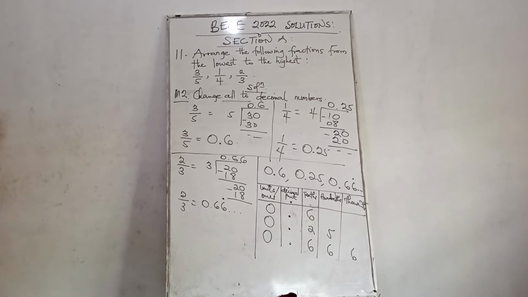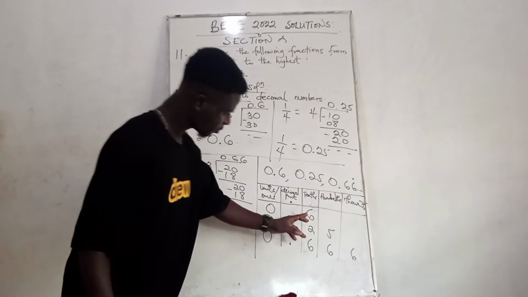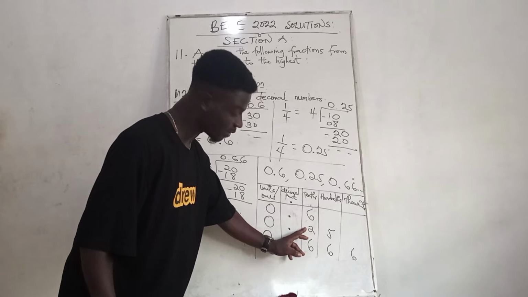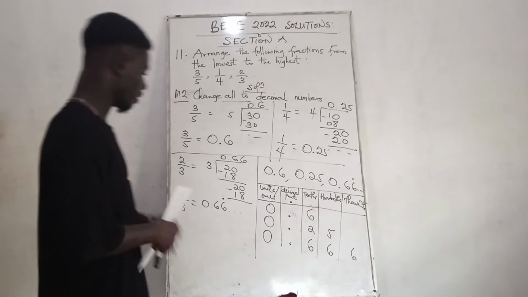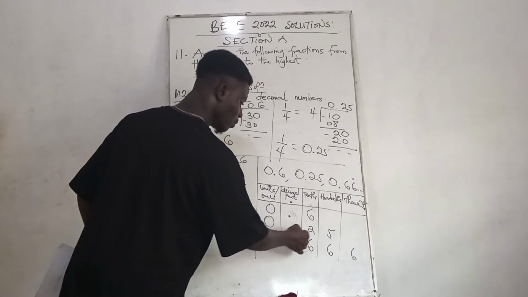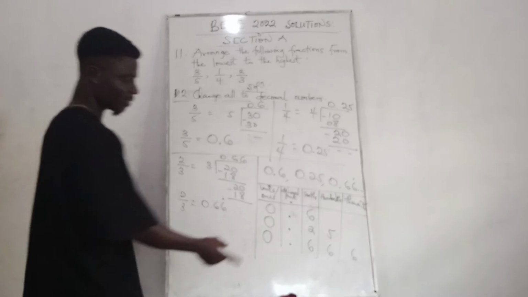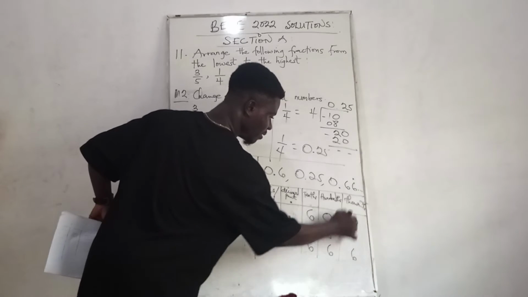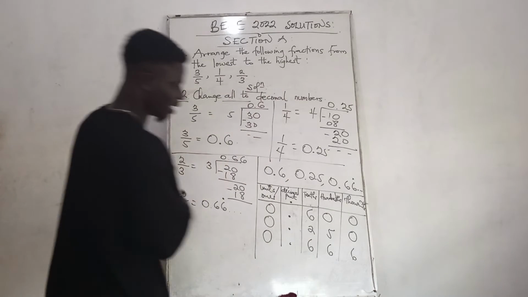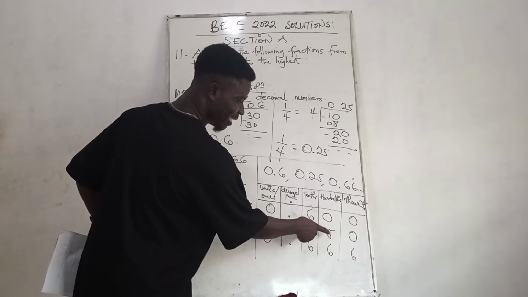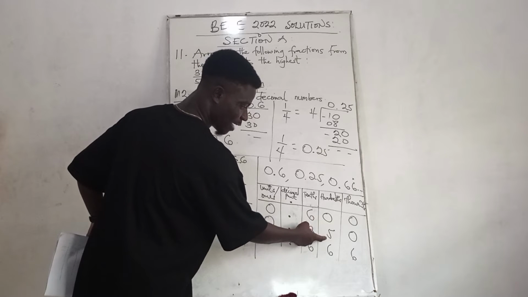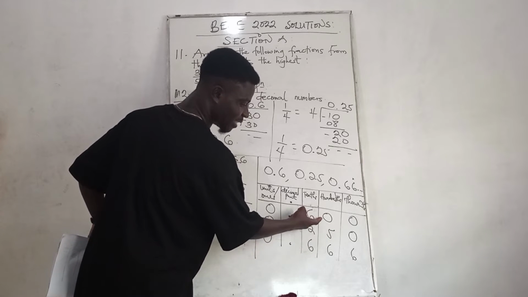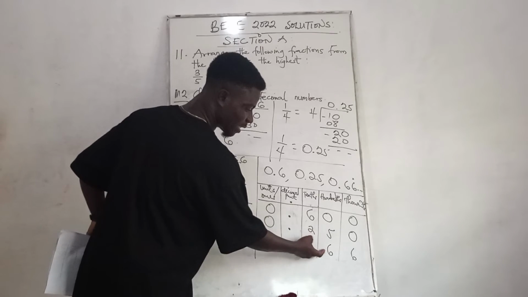So let's proceed. This one is the smallest decimal number here. So now we can say that 0.25 is the smallest. If you come here, there is 0, 0, 0. Then you can say that 5 is greater than 0, then 5 is less than this.